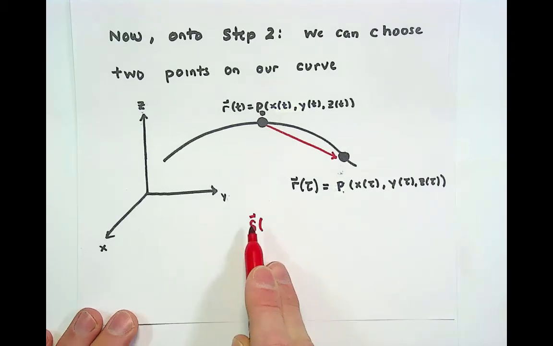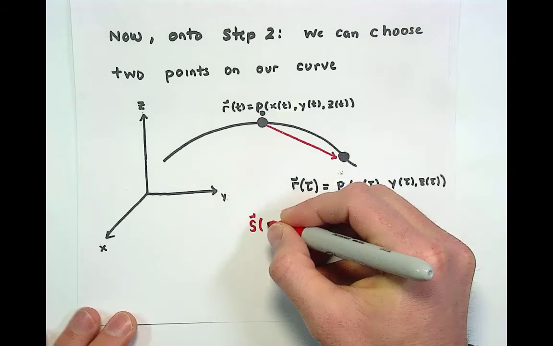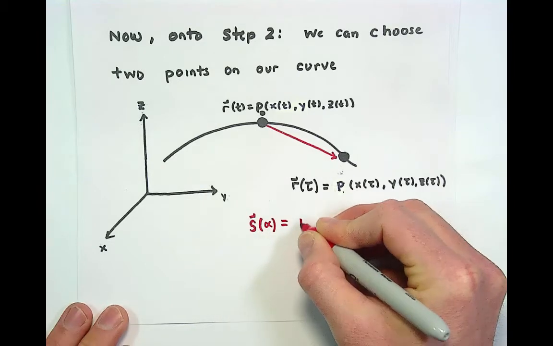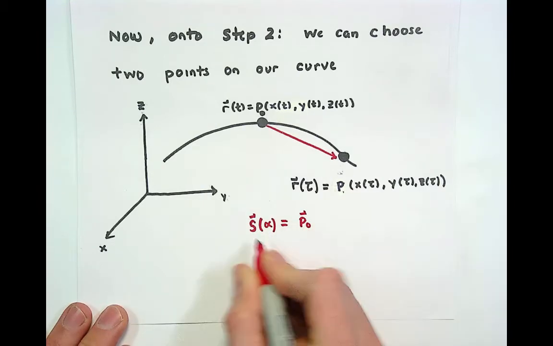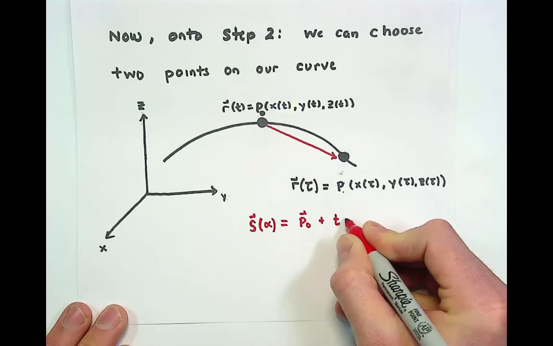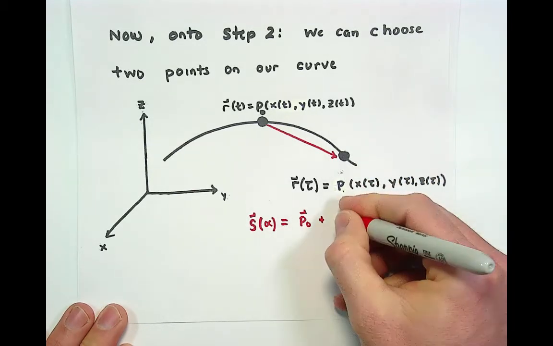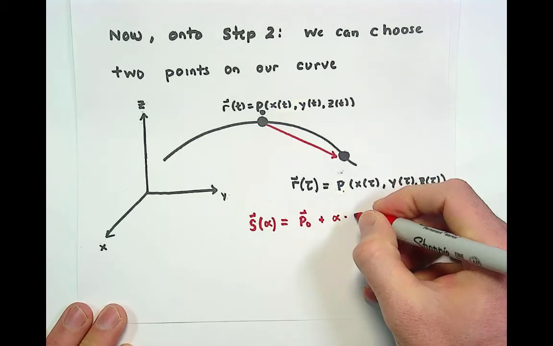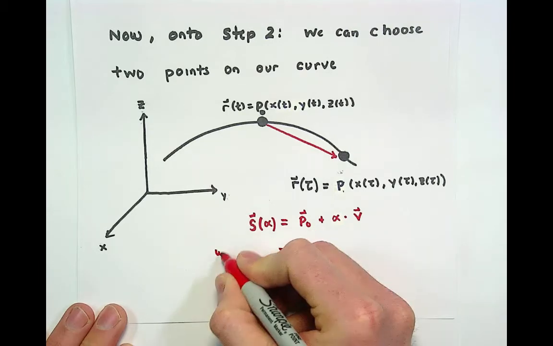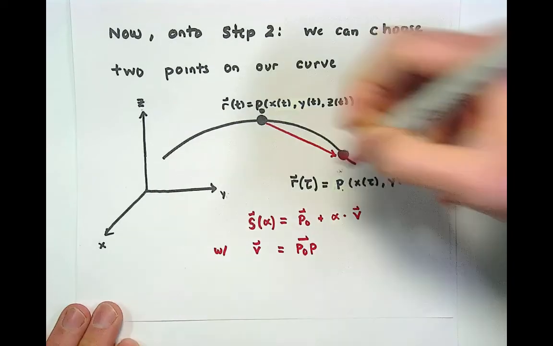So if I was going to do S, I need some dummy variable, and maybe we call that dummy variable alpha. So that's just some scalar. This secant line is going to be through a point, and of course the parameter would be alpha times some vector v, which is the direction vector, and then we'll say that the direction vector is the vector that connects P0 to P. Do you see it?